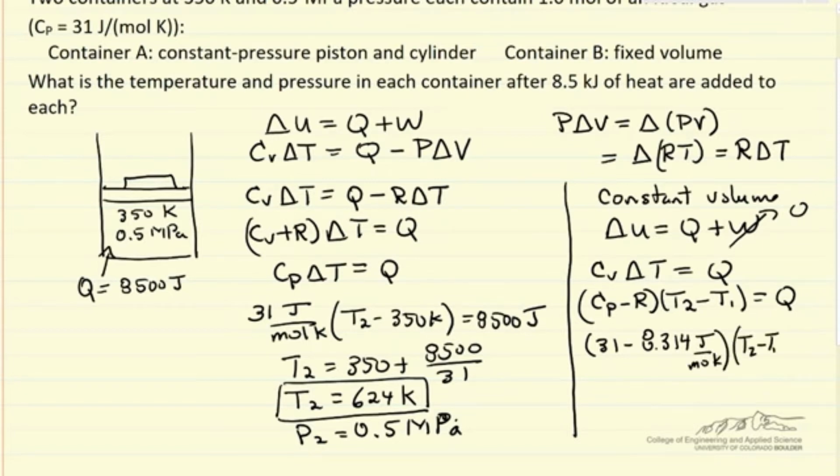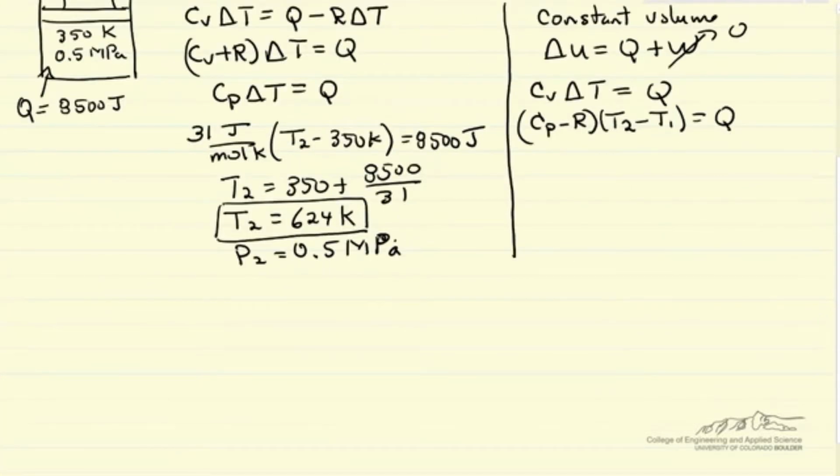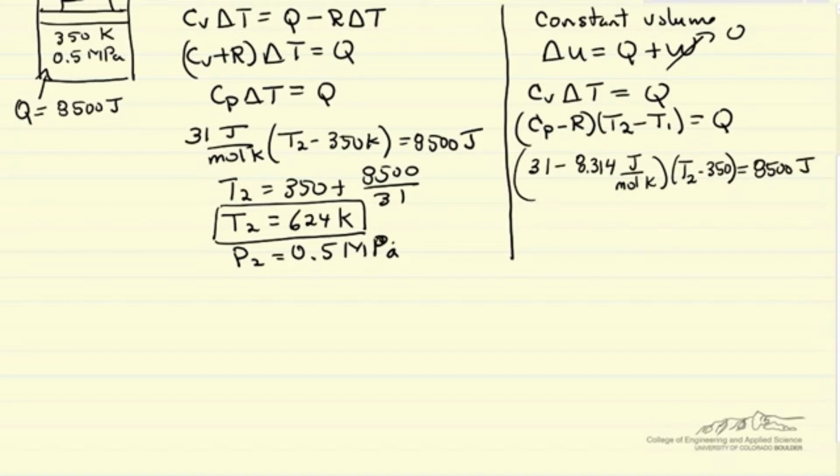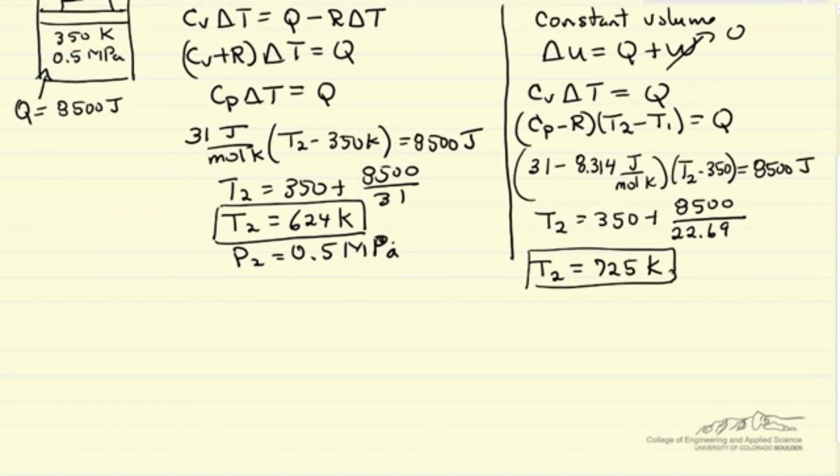T2 minus T1 equals Q. So let's substitute in the values. CP is 31, R is 8.314, both in joules per mole Kelvin. T2 minus 350 equals 8,500 joules. I can rearrange and solve for the final temperature, and end up with 725 Kelvin.